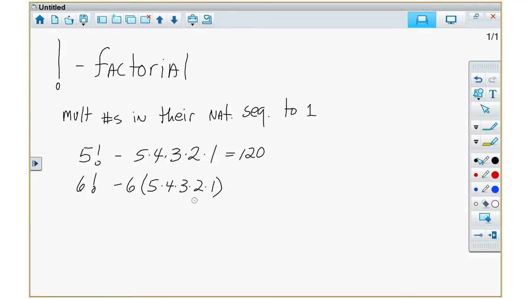This is 120. 6 times all this, or 6 times 120, which is what? 720. 7 factorial. You could say 7 times 6 times 5 times 4, or you could say 7 times what? 6 factorial, which is this whole thing right here, which would be what? 5,040, somebody check me.